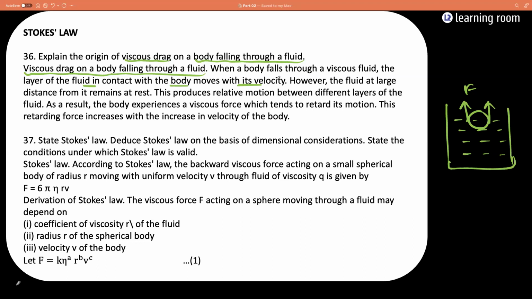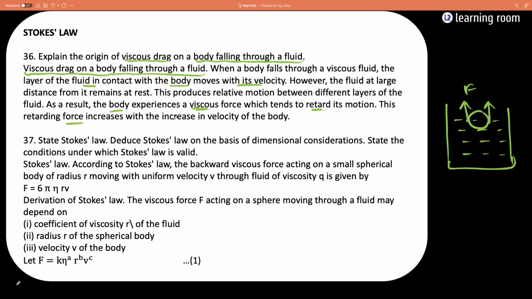right? As a result, as you move away in the vertical direction from this particular layer which is in contact with the solid, you can see that each layer is going to have a different speed. The same logic which we saw in the horizontal is applicable to the vertical part, right? So the object which is moving in the downward direction will start experiencing a viscous force, which tends to retard the motion.